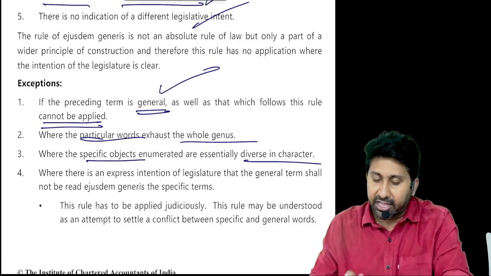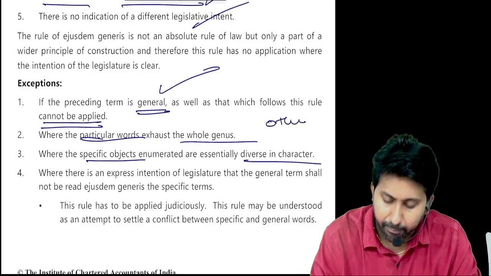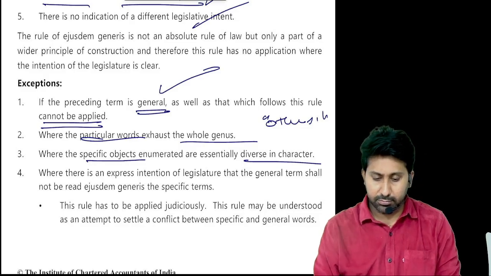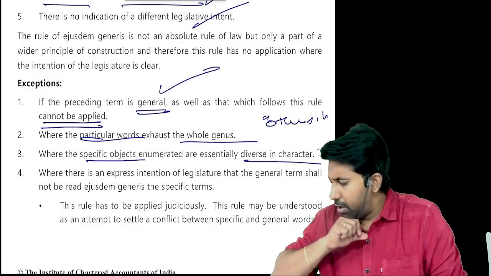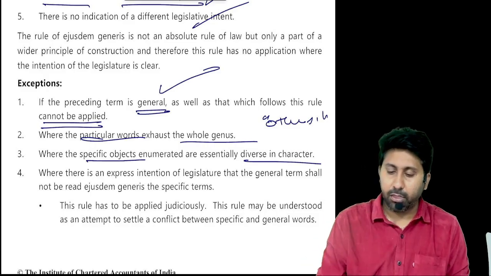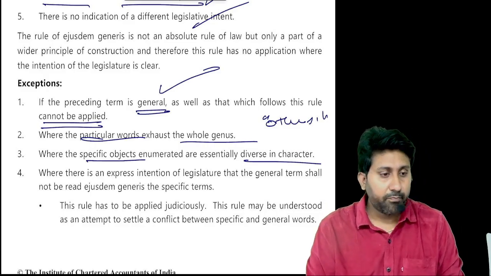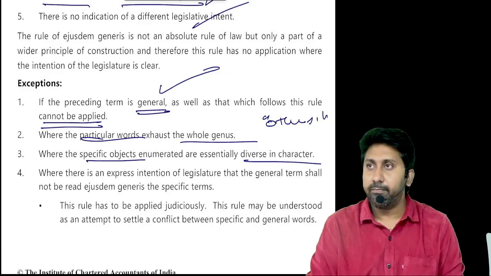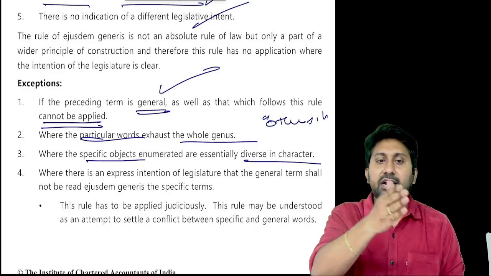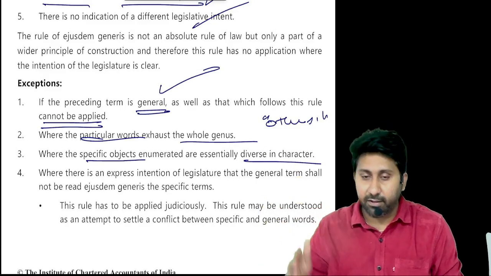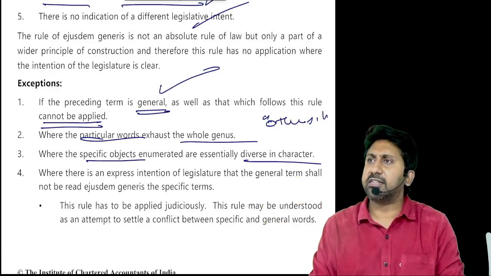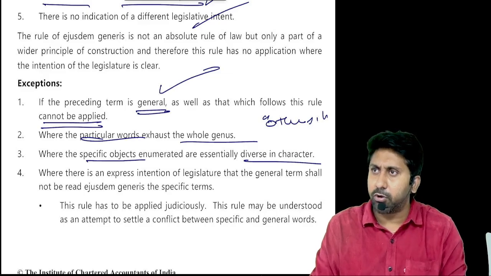That means there is a word called other. In a particular section, law uses the word others. Certain things they said: directors, manager, KMP and others. Who is others? Any other officer should be included. Correct?